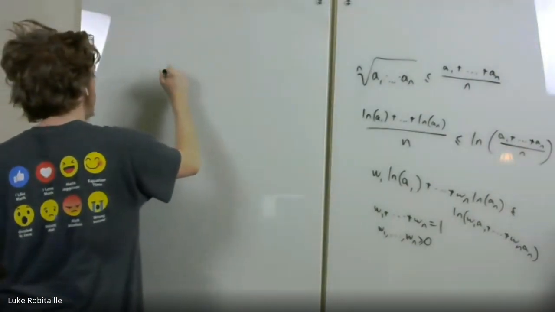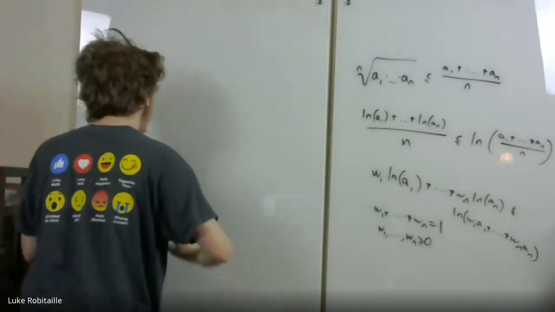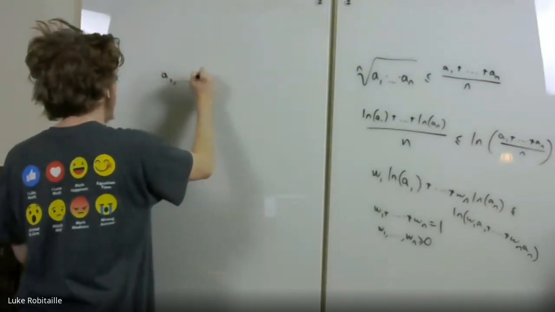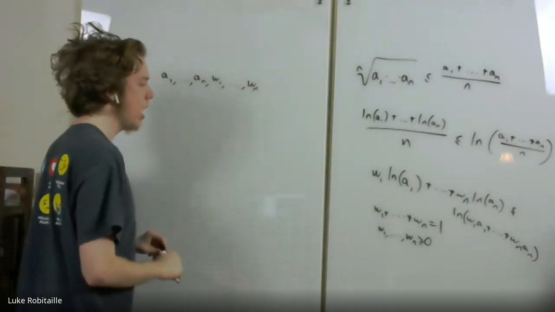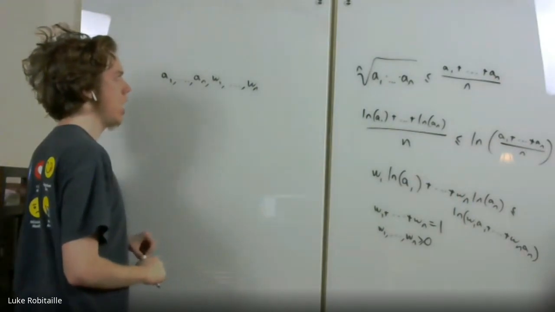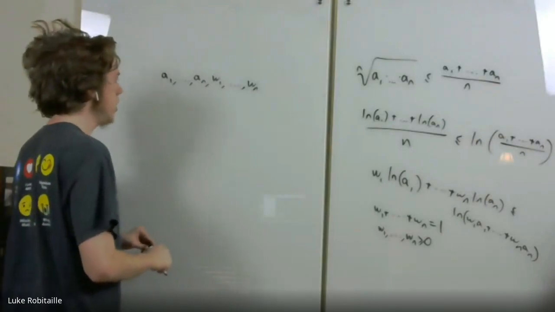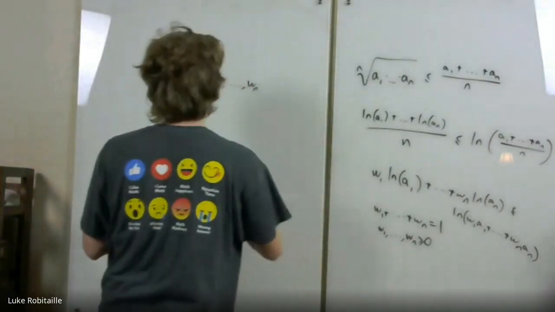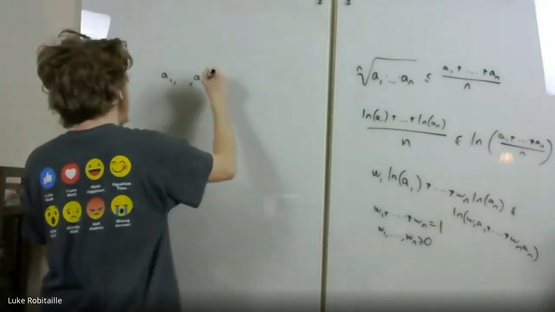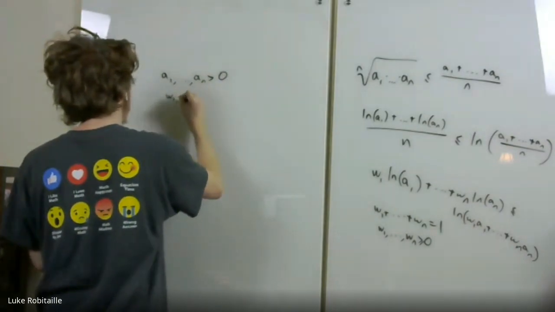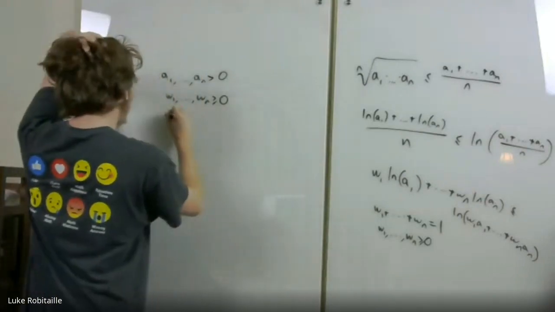So let's see, the a_i's are positive reals, the w_i are non-negative reals that sum to 1.